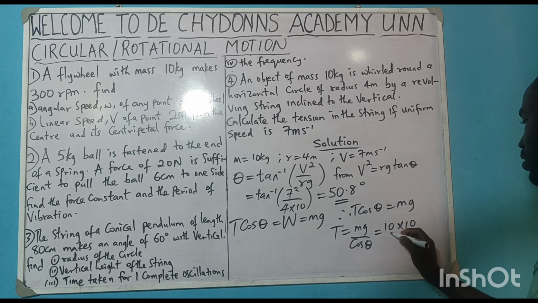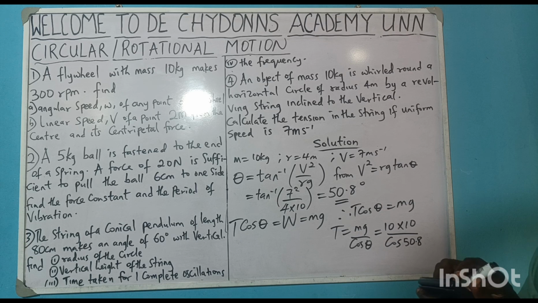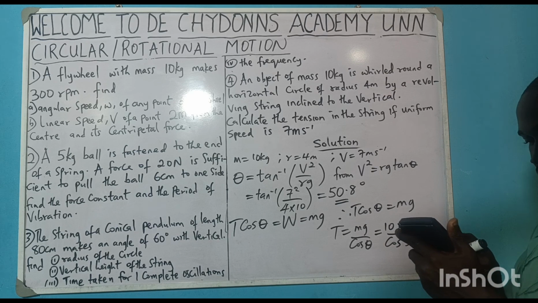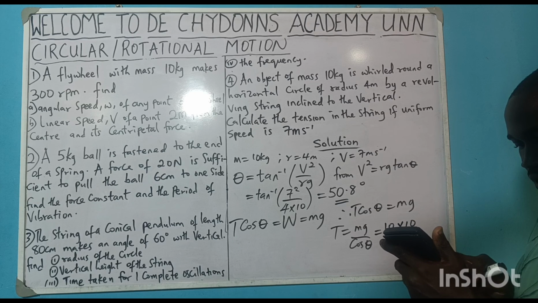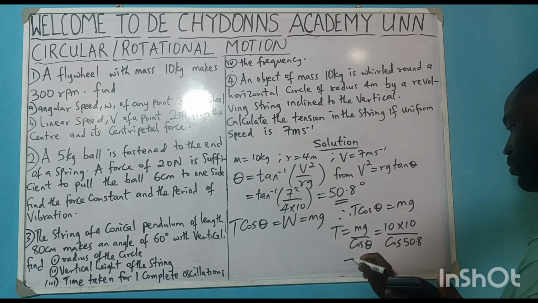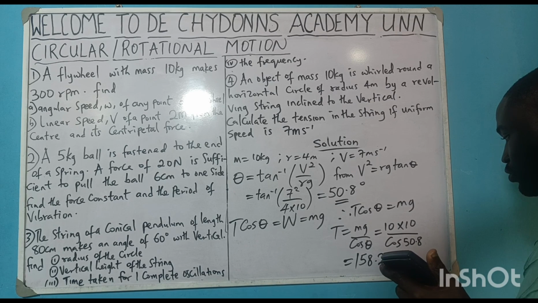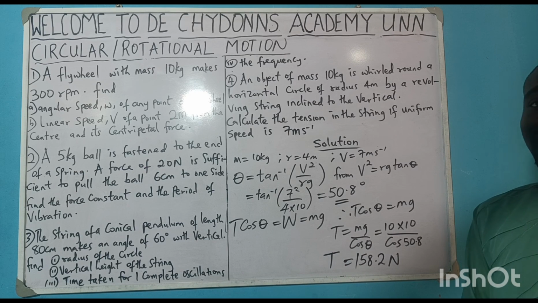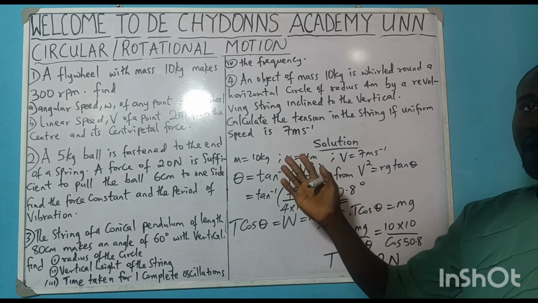G is 10, all over cos 50.8. Yes, 100 divided by cos 50.8. That will be giving you 158.2 Newton to be your tension. So that is how to solve this problem we have on the board.